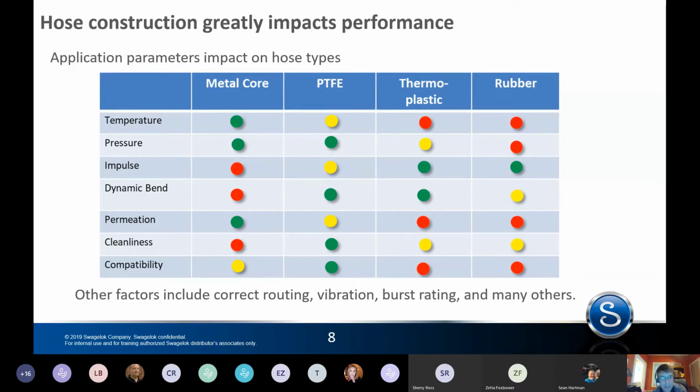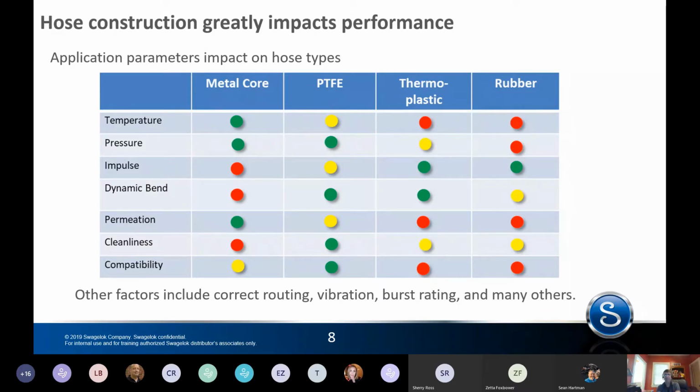We've seen many times customers use a high-priced and high-quality hose in the wrong application, and it's simply the wrong hose for that job. We can apply a different hose to that application and get far longer life, 10 times, 20 times the life of a different hose, just because it's the right hose for the application.